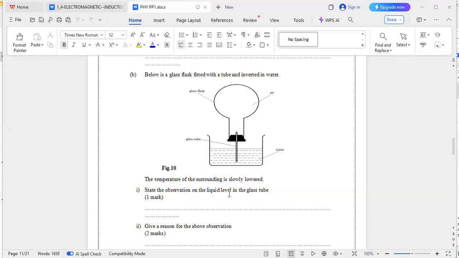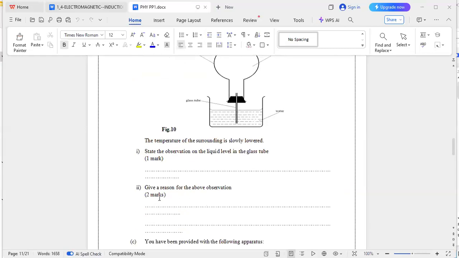I'm explaining part 2, this one. So the first mark is air loses heat, contracting faster than glass. Then the second mark: this lowers the pressure within the flask below the atmospheric pressure.